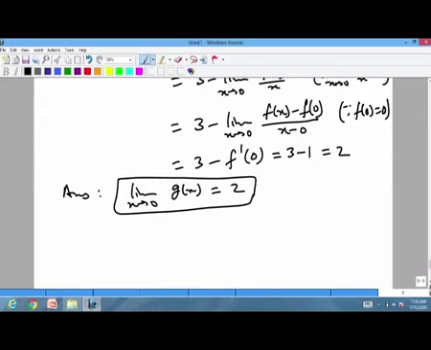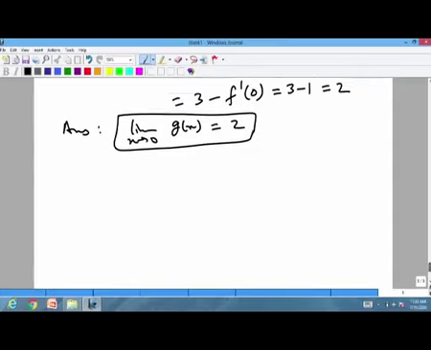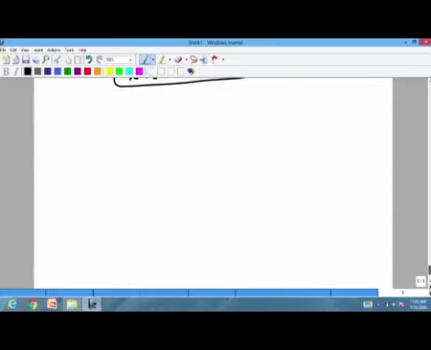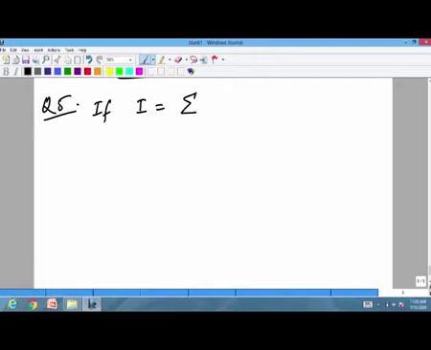Let us move to problem number 5, which is slightly different from what we have done so far. Here we are given I is equal to summation of k equal to 1 to 98 of integral of k plus 1 by x times x plus 1 dx from k to k plus 1.